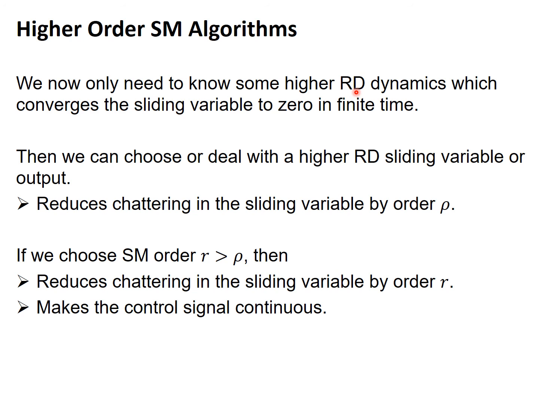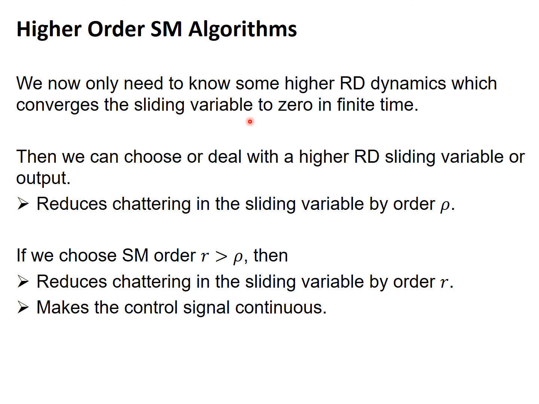Similarly, in this case we must know some higher relative degree algorithms: S double dot equals something which makes S come to 0 in finite time, or S triple dot equals something which takes S to 0 in finite time. These dynamics should be in our repertoire, so that we can formulate a control action that generates this sort of dynamics in the system.